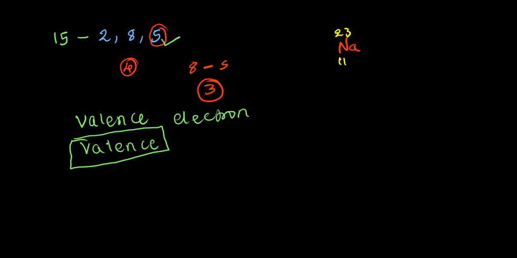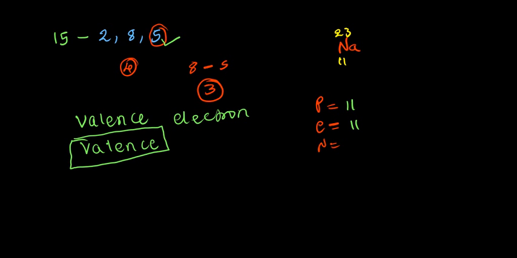So what is the number of protons? Atomic number is the same as proton number, so this will be 11. What of electrons? 11. So proton number is equal to electron number in a neutral atom.